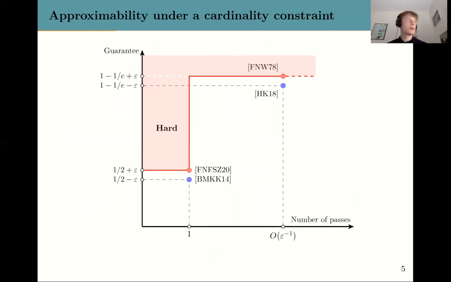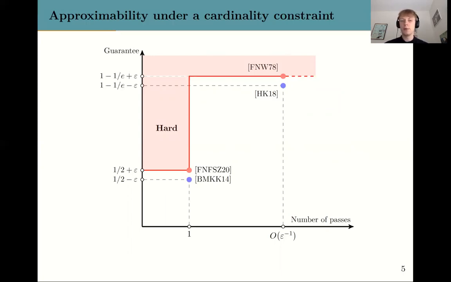So what are the known results in this setting? Let's start first with the benchmark, which is the setting where most of the results are known. We know that there is a 1 minus 1 over e approximation, which can be done in 1 over epsilon passes. This result is fairly recent, and it's actually hard.